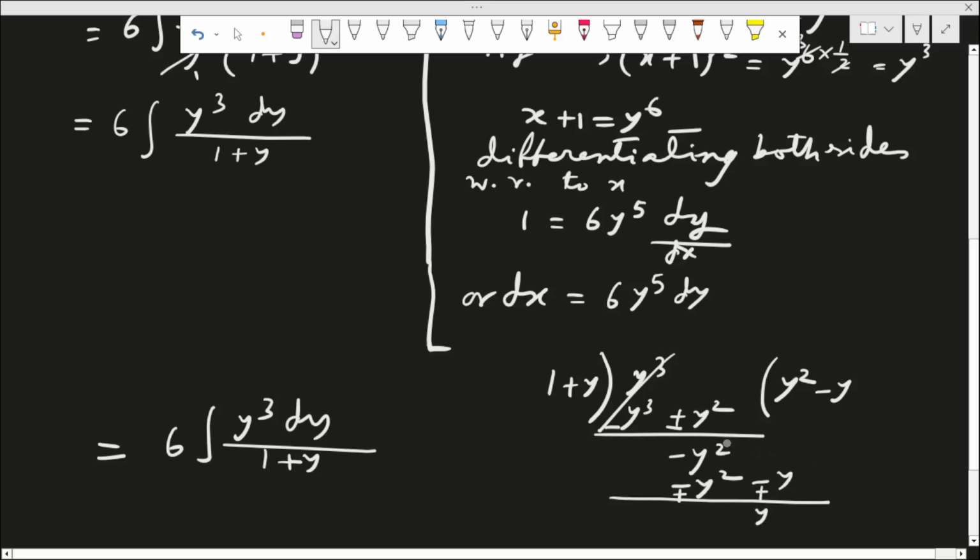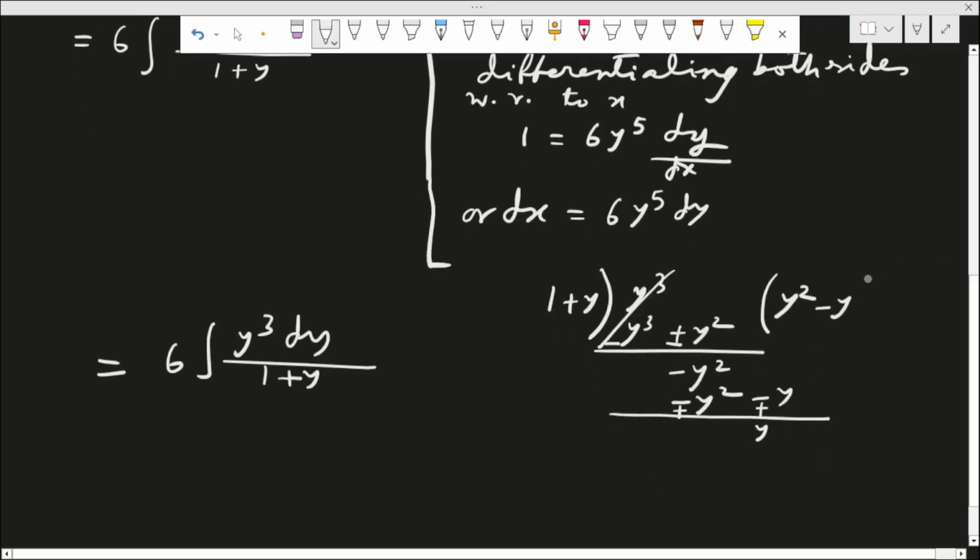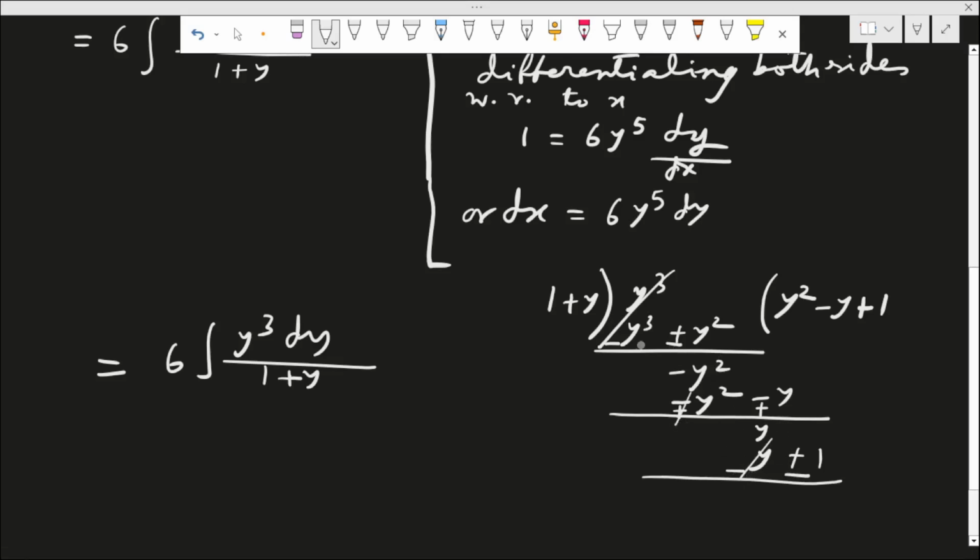Next, plus 1, that means y plus 1. Subtract, these cancel, leaving minus 1 as remainder.